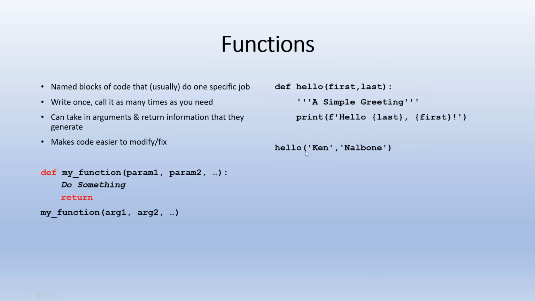So in the body of the code, you say hello and pass in two strings, Ken and Nalbone. Ken goes into first, and Nalbone goes into last. Then the print f-string prints out hello Nalbone comma Ken. And that's the basics of a function.